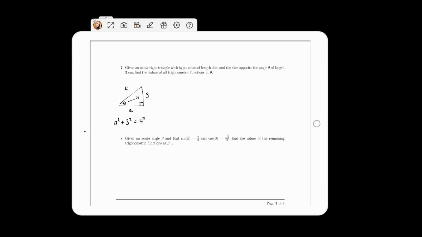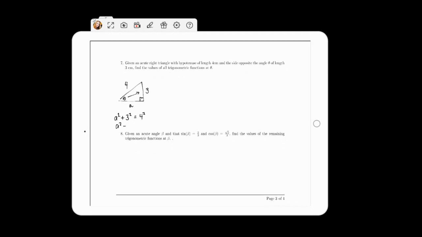That means A squared plus 9 is equal to 16. And so I can subtract 9 from both sides. So A squared equals 7. And by the square root, I got A equals root 7. Okay, so I know now all 3 lengths.